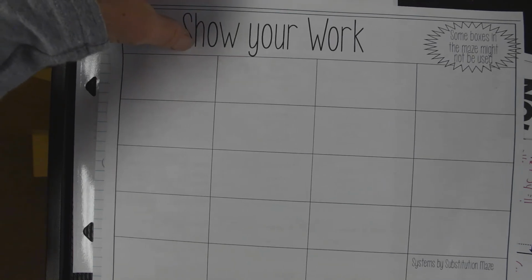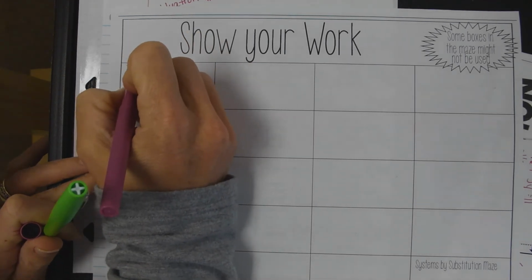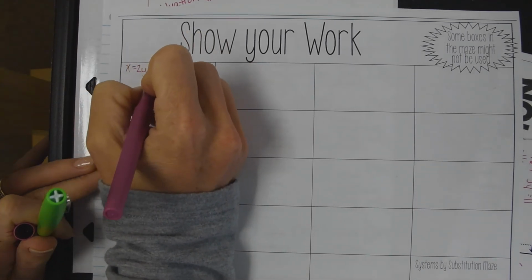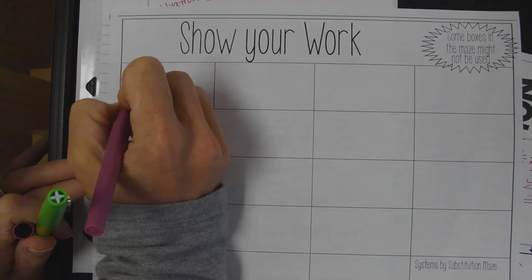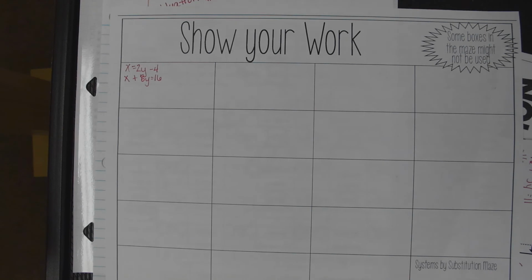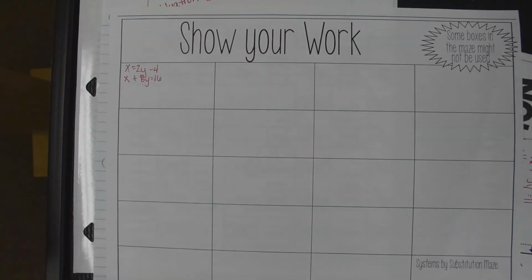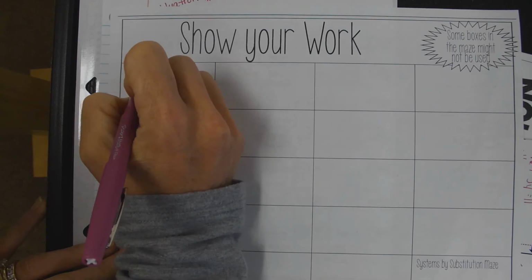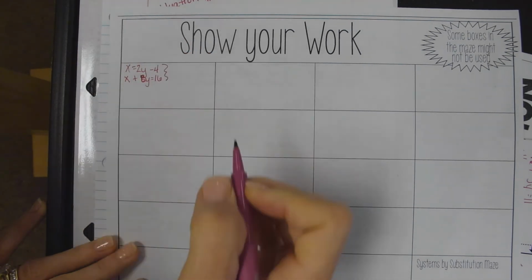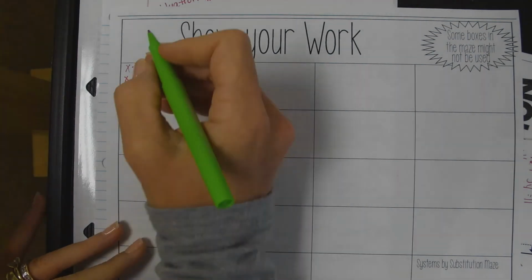So here is our work. X equals 2y. I'm sorry if you can't see it. Now, this may get a little crowded. So I am going to write as small as I can, but write as much as I can.